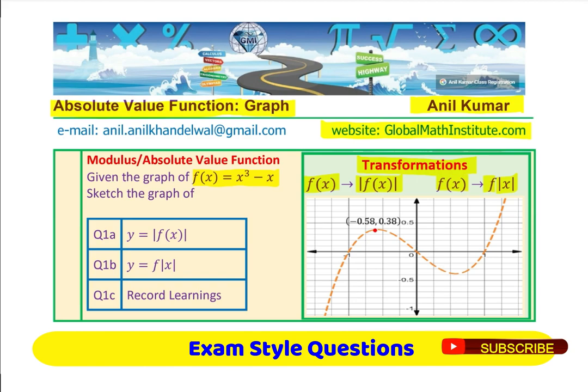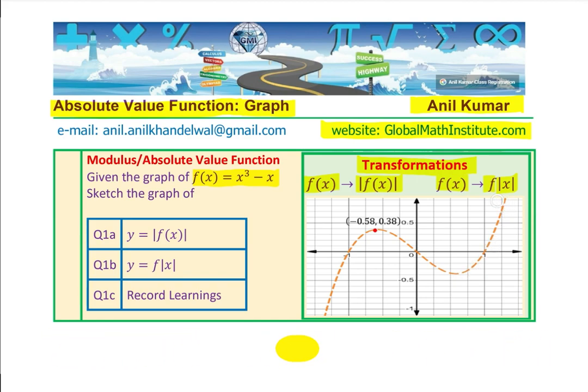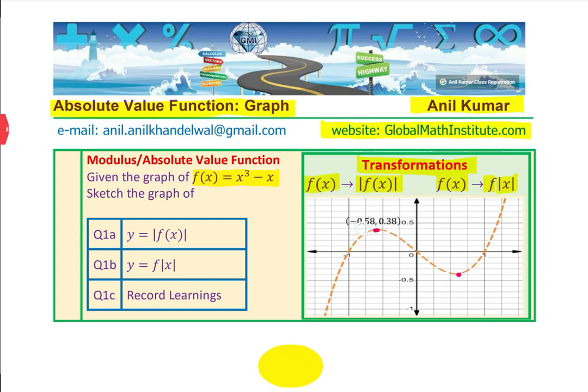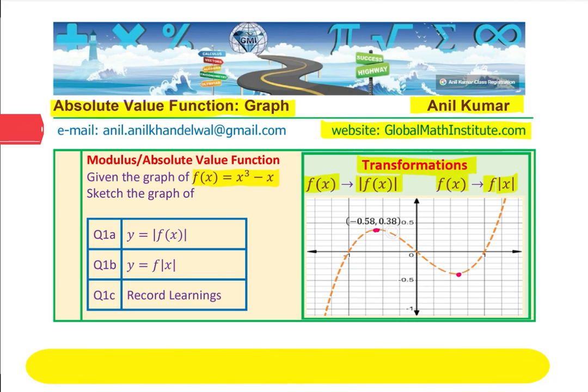Perfect. Now we have given you the graph of the function x cubed minus x, which is not very difficult to draw, but here the focus is on the transformations. The critical points which we wanted to provide you with are the local maximum and the local minimum points. From the symmetry, you can see the coordinates of the local maximum being at around minus 0.58 and the y value being 0.38 as shown in the graph.